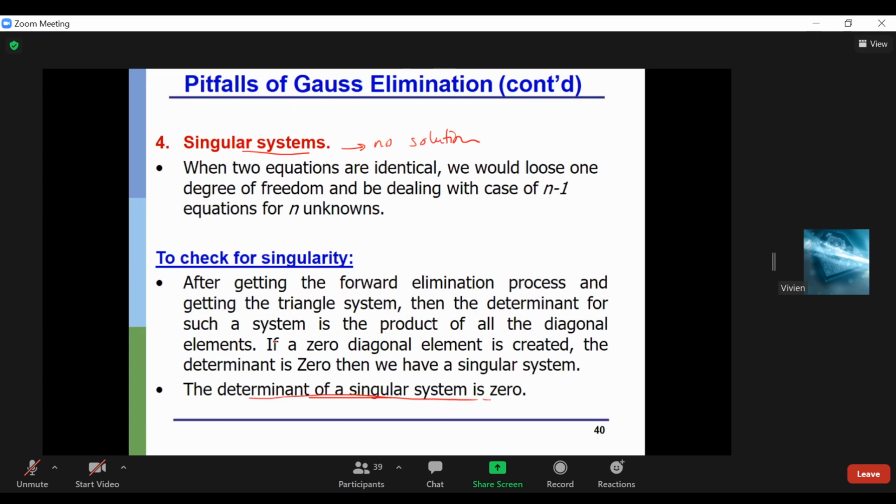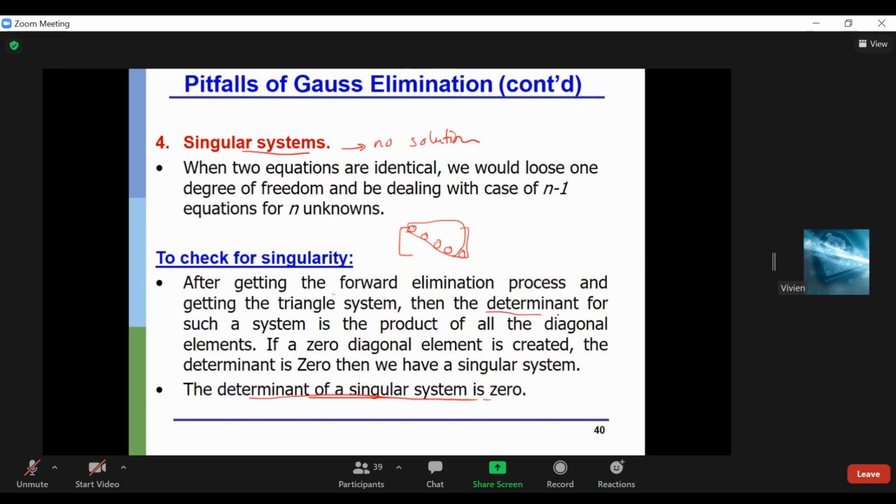When we are doing Gaussian elimination, after the forward elimination process and getting the upper triangular system, the determinant of such a system is the product of all the diagonal elements. It means that if we multiply the diagonal elements of the upper triangular matrix, that will be the determinant.